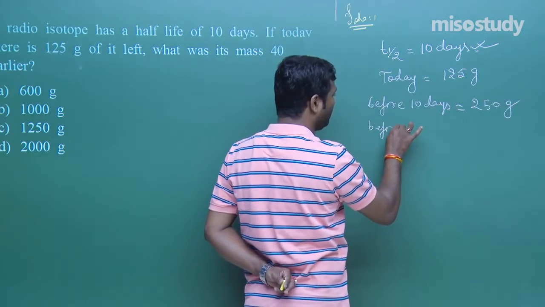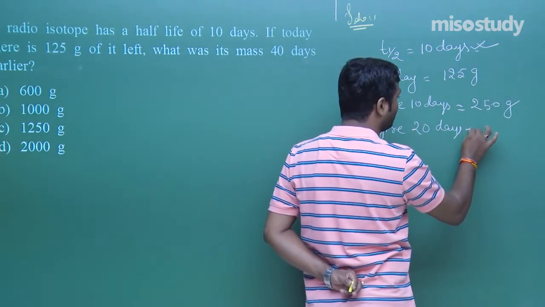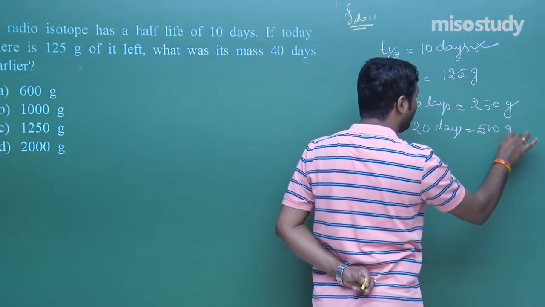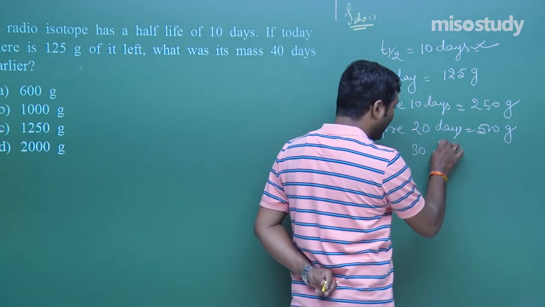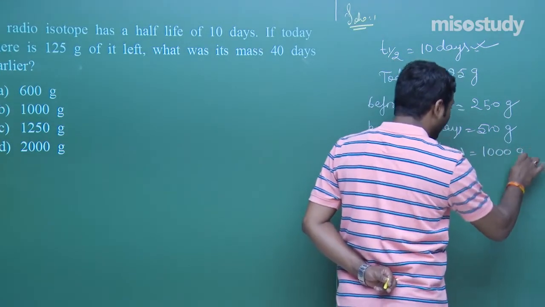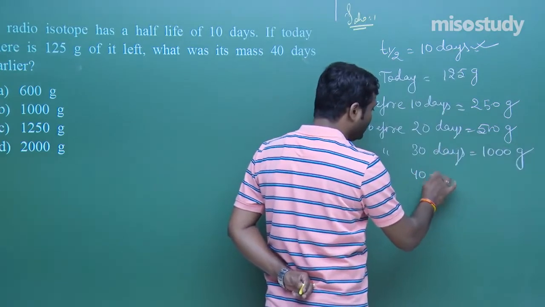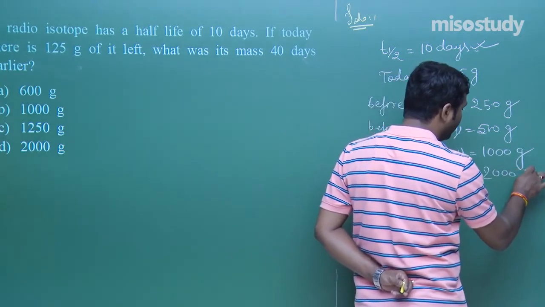Then before 20 days, it will be equal to 500 gram. Then before 30 days, what will happen? That is 1000 gram, and before 40 days will be equal to 2000 gram.